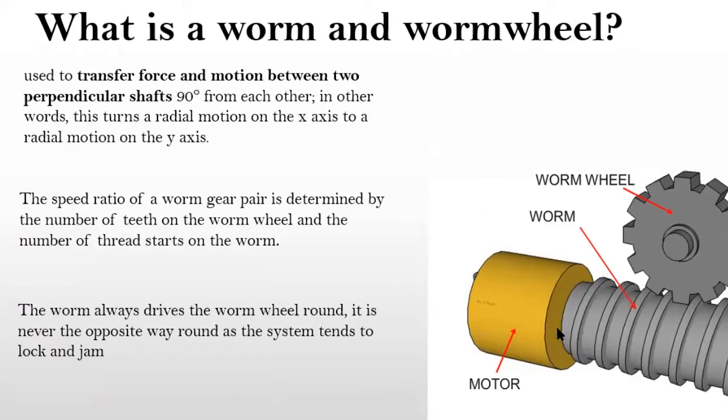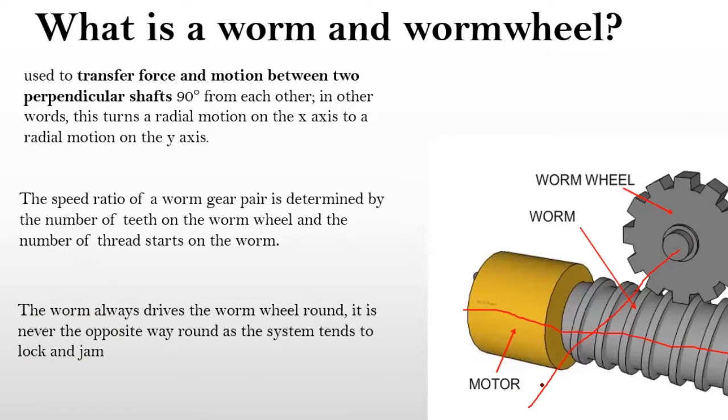For example, this motor shaft is on this plane, but this wheel shaft is on another plane, in a perpendicular direction. For this kind of application, we use the worm and worm wheel.